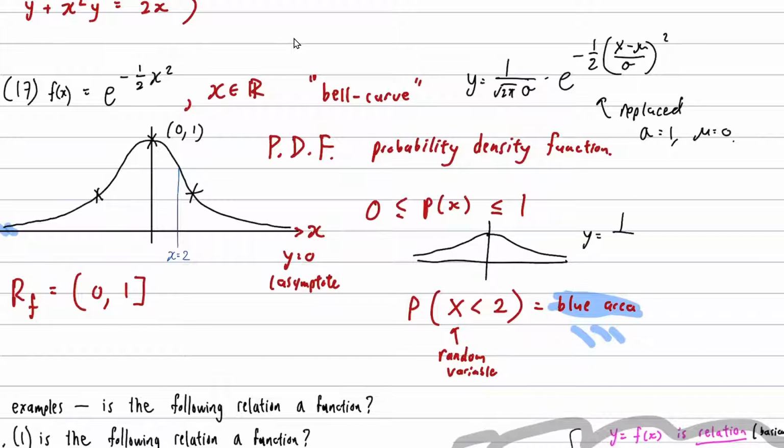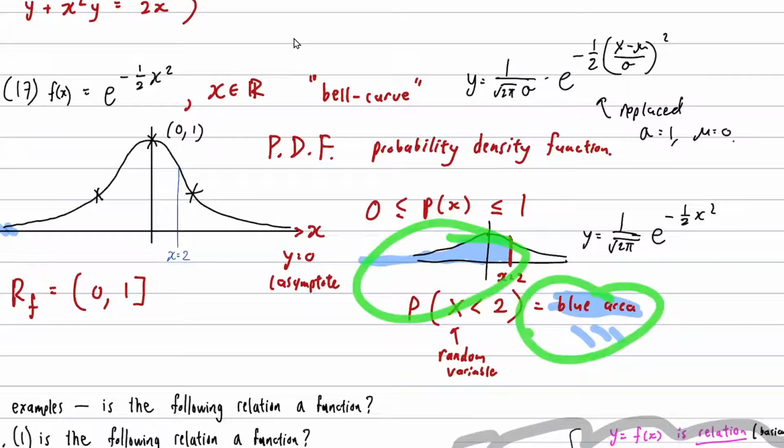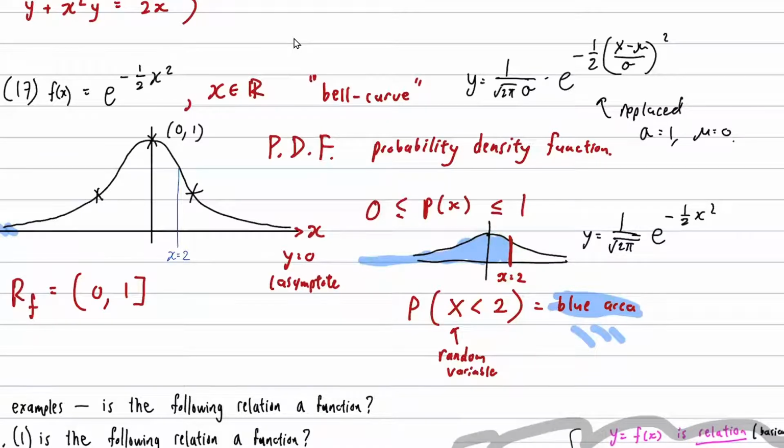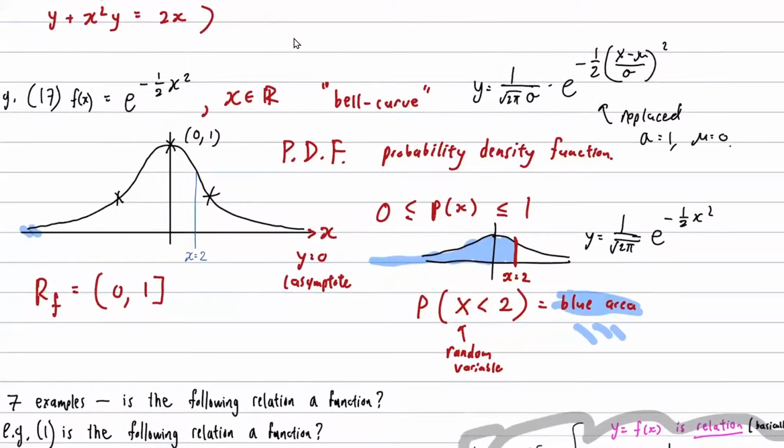This one is 1 over square root 2 pi, then you multiply by e to the power of negative half x squared. The blue area would be this region all the way to negative infinity until you reach x equals 2, which is over here. That is your probability. Okay, if you can catch that, good. If you cannot, it is okay. We will move on.